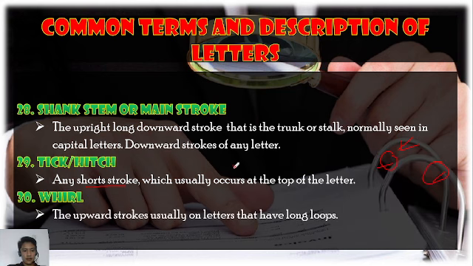Alright? And we have here another one, the whirl. So, when we say whirl, the upward strokes usually on letters that have long loops. Okay, so whirl, maybe we are referring to it as the upward strokes. Usually on long letters that have long loops. So maybe we can say that this is an example, right?